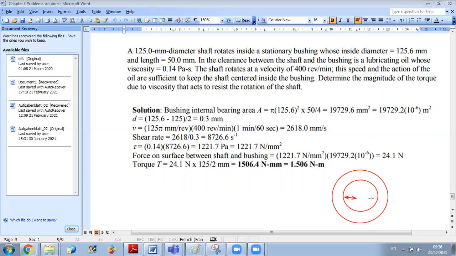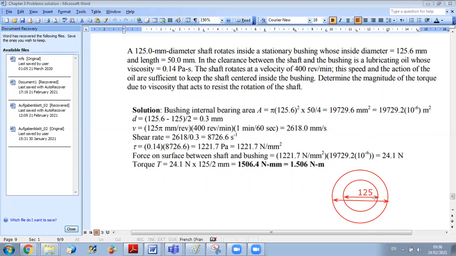So here I have a diameter of 125 millimeters, and the outer diameter is 125.6. Okay, so I can deduce the clearance.